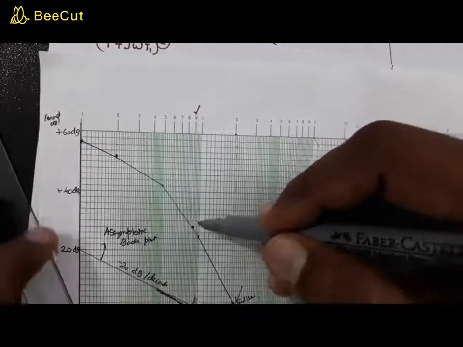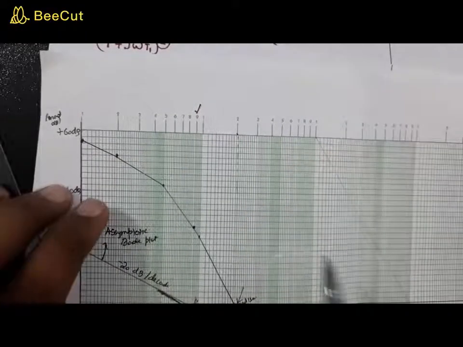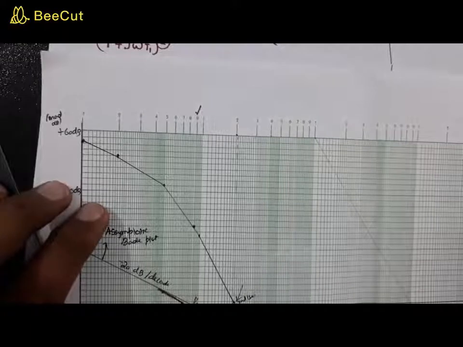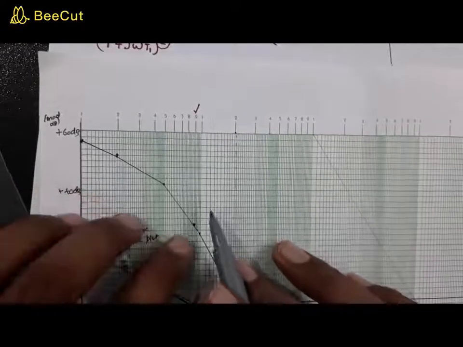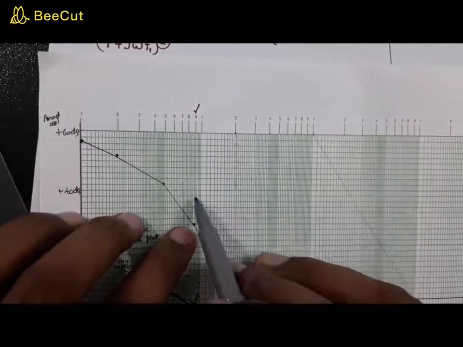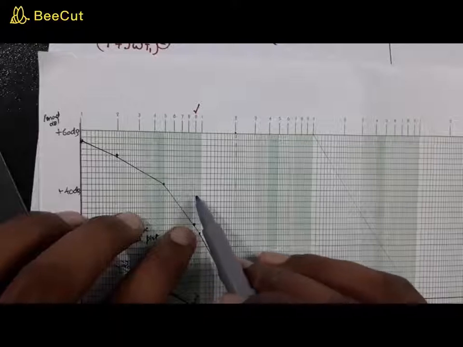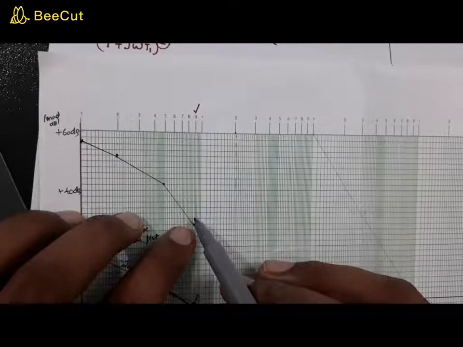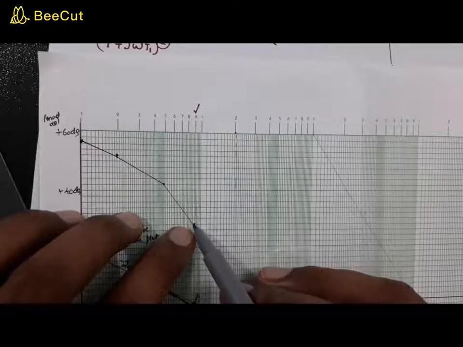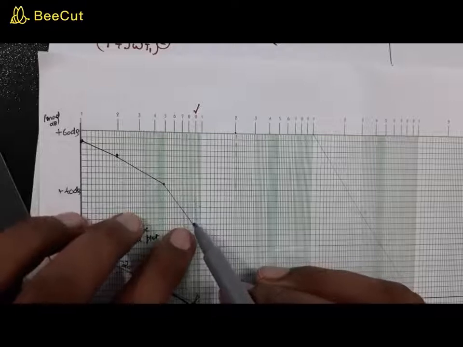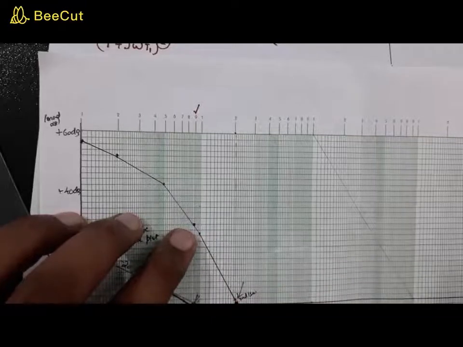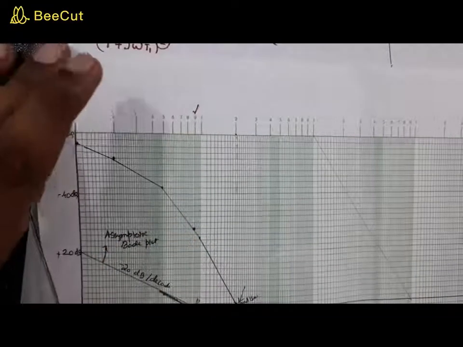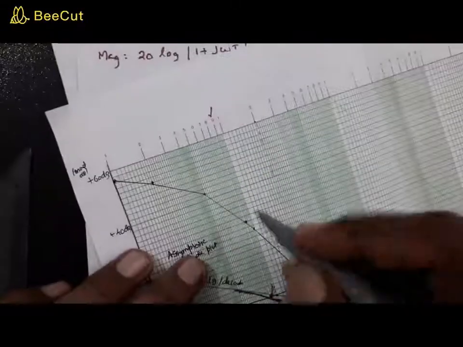So this point is actually corresponding to minus 123, 126, 129, 132, 135, 138 degrees, right?